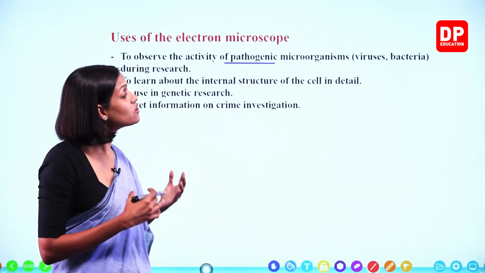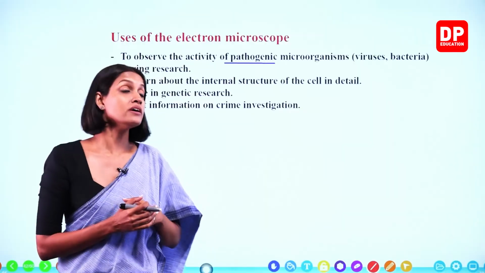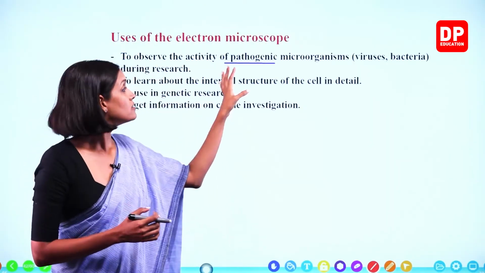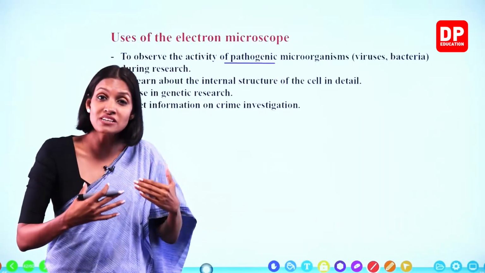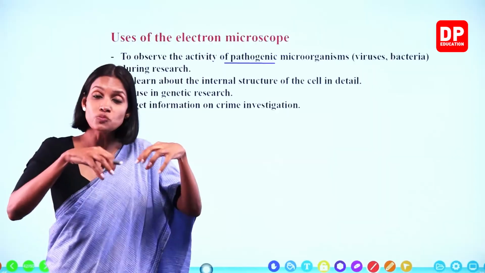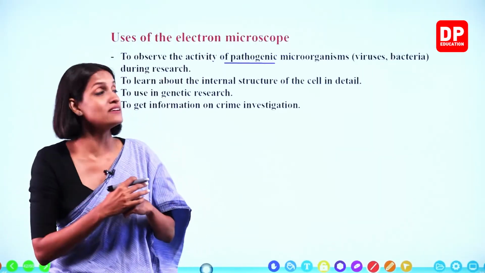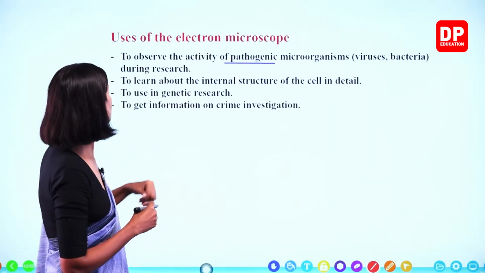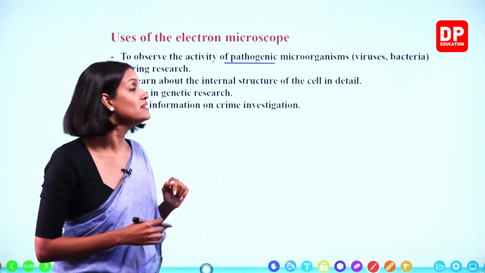Even though we can observe the cells under the light microscope, we cannot observe all the structures under it. So in order to get a better understanding of the small organelles present in plant and animal cells, electron microscopes are very important, right? To learn about the internal structure of the cell in detail, right?